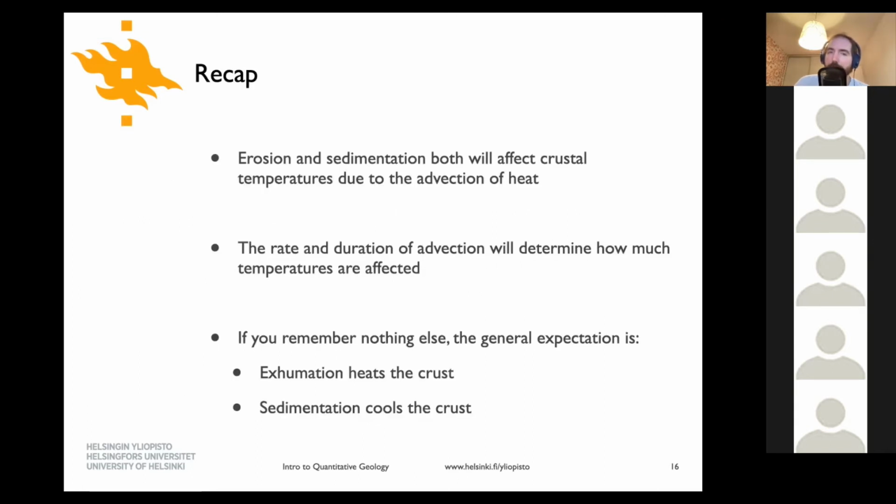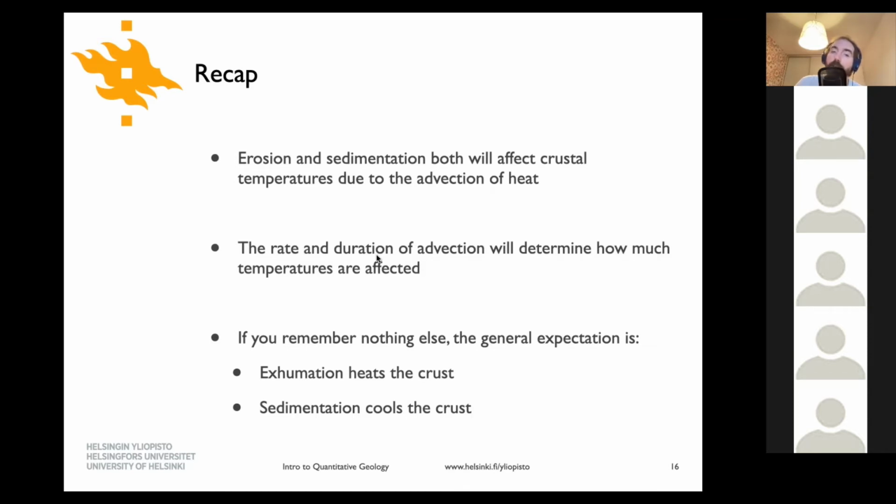So just to recap, erosion and sedimentation both will affect crustal temperatures because they advect heat. The erosion tends to move mass up toward the surface. You basically remove the rocks above by erosion processes, and then the rock underneath it is displaced upward, and that heats the crust. Sedimentation has just the opposite effect. The rate at which you erode or deposit sediment and the duration, so how long that process is active, both will affect how much the temperatures are changing.